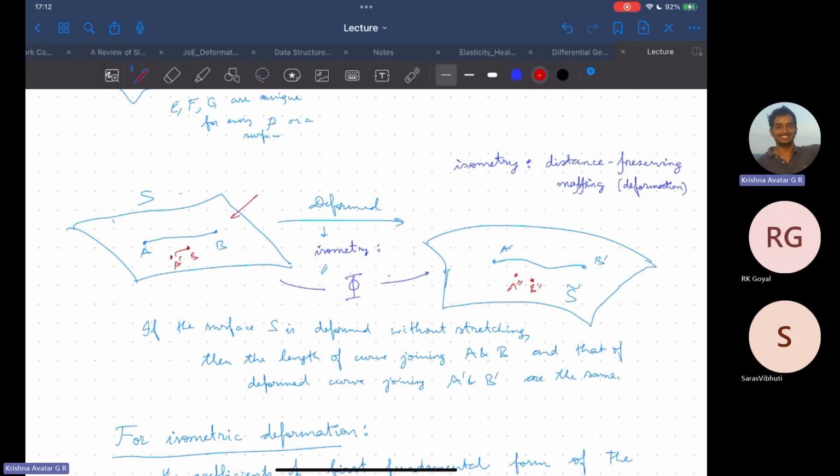Consider this to be some thin elastic sheet or say a polyethylene sheet. Now, if you deform it, it would be very difficult to measure, since you won't know where the point on the curve in the reference frame goes after you deform it, right? So there is an equivalent to isometry.